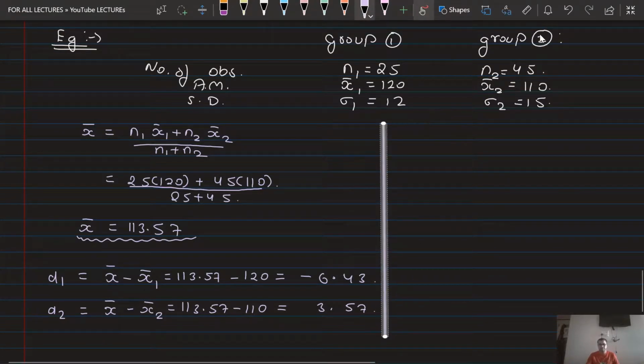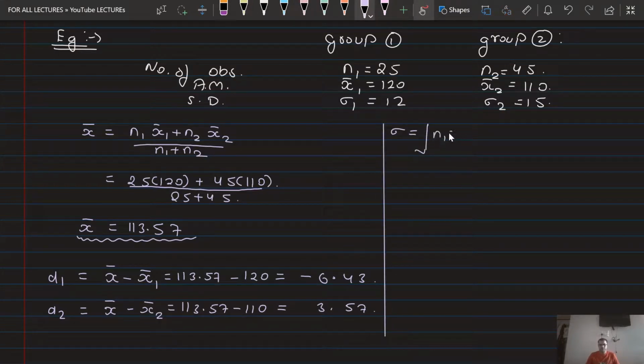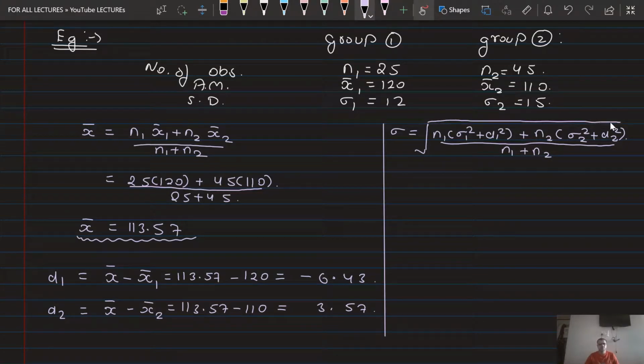So let us see. As per the formula, sigma is equal to under root of n1 sigma square 1 plus d1 square, n2 sigma square 2 plus d2 square, divided by n1 plus n2. Substitute the values. 25 multiplied by sigma square 1. Now what is sigma 1?